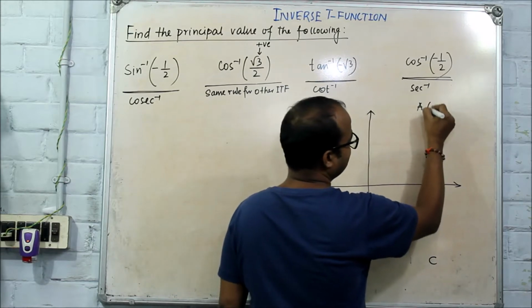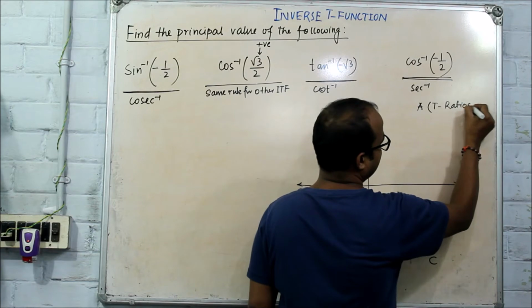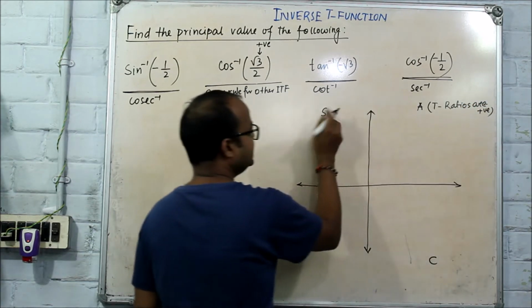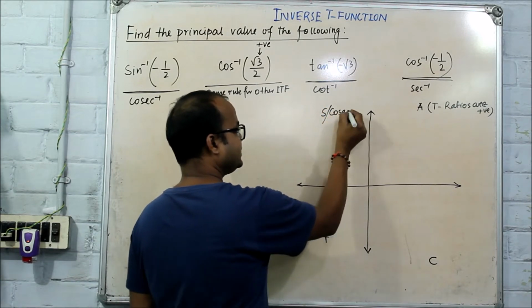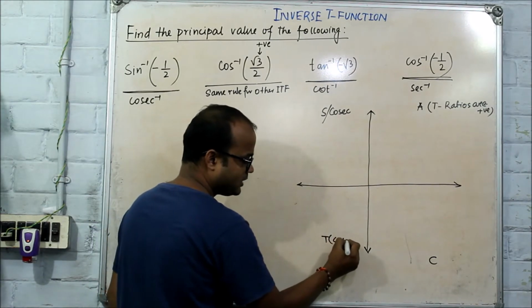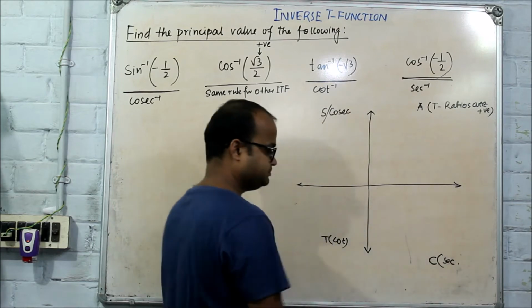So here I am writing all t ratios are positive. You know all these things. Here sine positive, that means cosec is also positive. Tan positive means cot is also positive. Cos positive means sec is also positive.